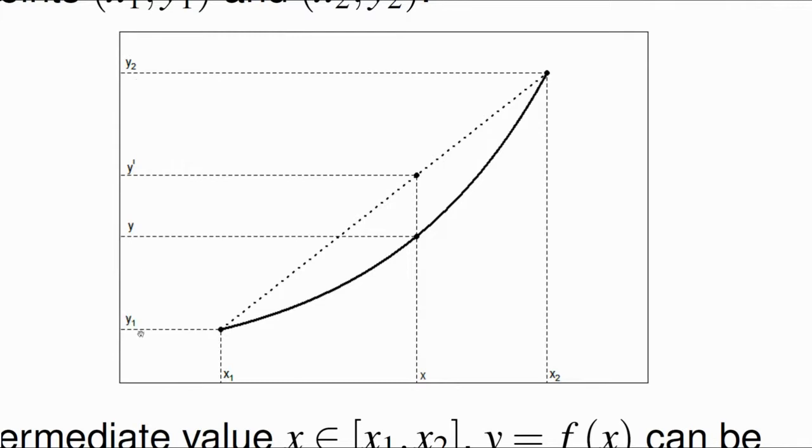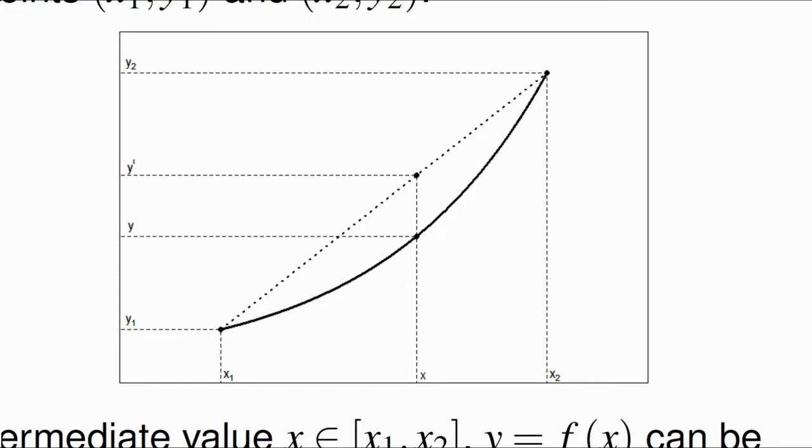It is a weighted average. We multiply y1 with a value between 0 and 1, and y2 with 1 minus that value, so the weights are defined between 0 and 1 such that their summation is equal to 1.